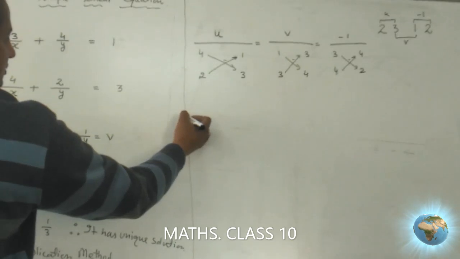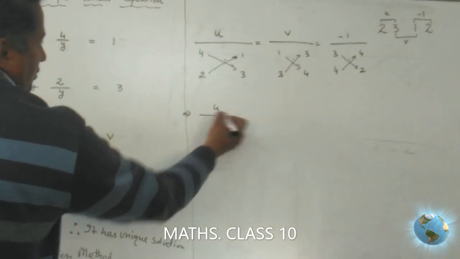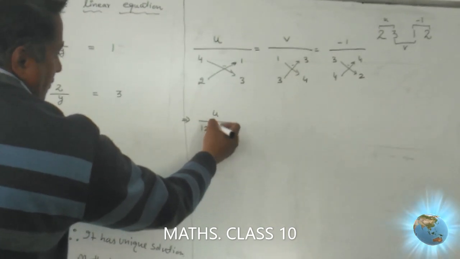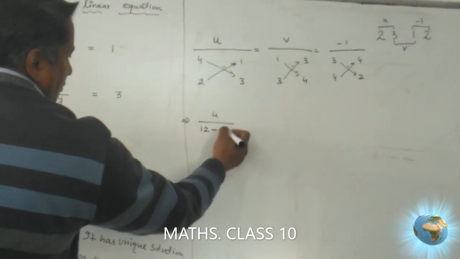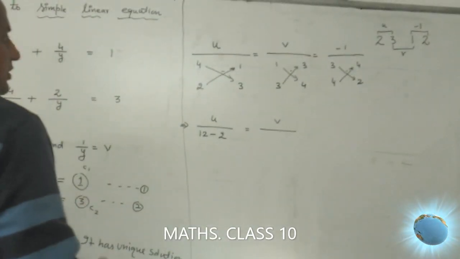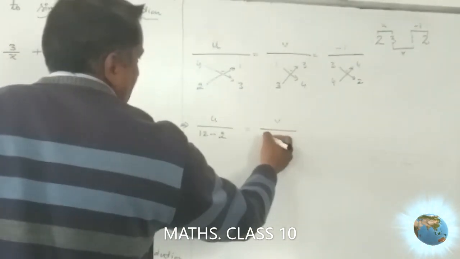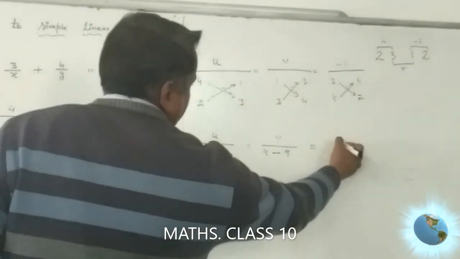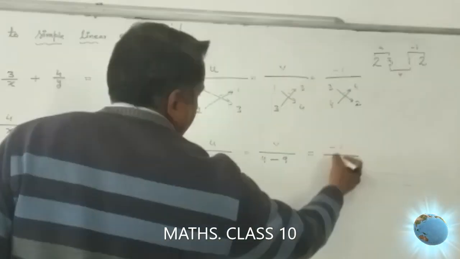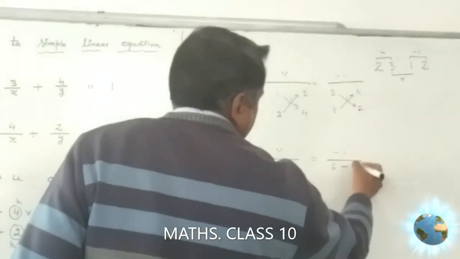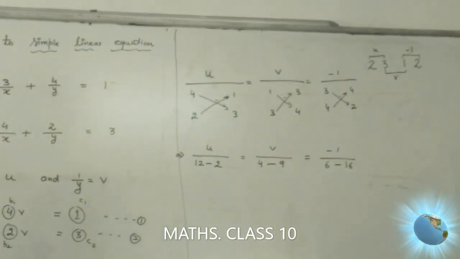So this implies u divided by 4 multiplied by 3, 12 minus 2, is equal to v divided by 4 minus 9, is equal to minus 1 divided by 6 minus 16.